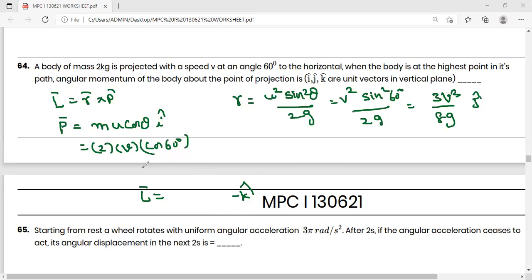Okay. And the product of these two, r and p. For p it is 2v cos 60. Cos 60 will be half only, na? So 2 into v into half, that will be v only. So 3v square by 8g into v. Finally, it is 3v cube by 8g, minus k cap. That is the answer for angular momentum.